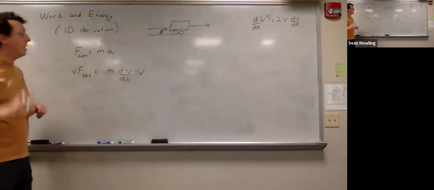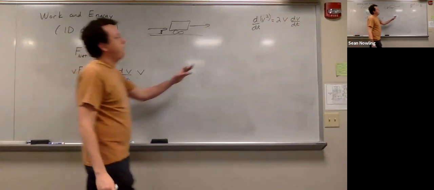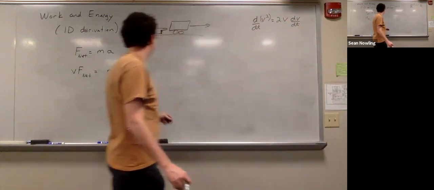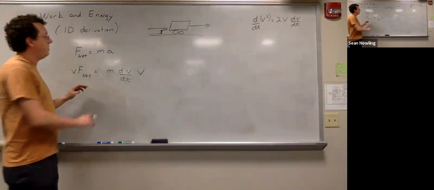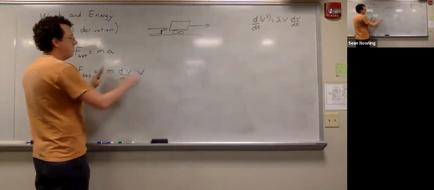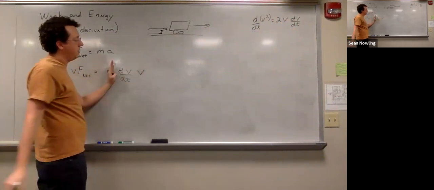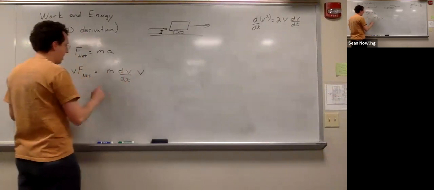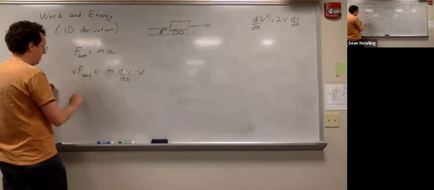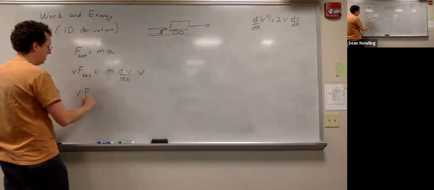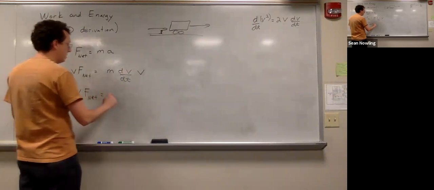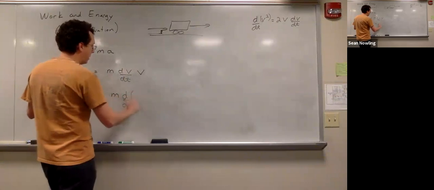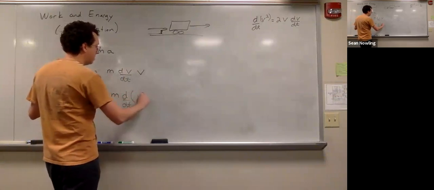And that's always the case. For any function, the derivative of the function squared is twice the function times its derivative. So we can rewrite this as the velocity times the net force equals the mass times the derivative acting on the velocity squared.